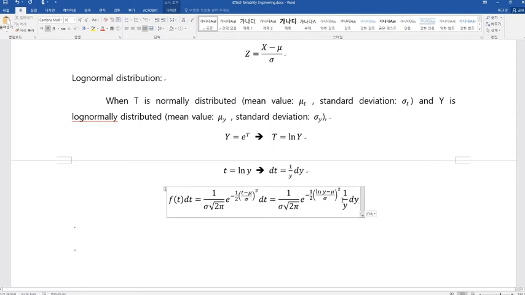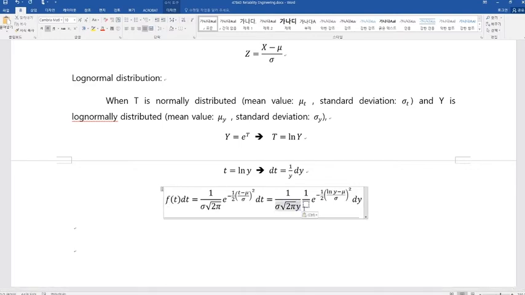And if we move this y to here, and then let me place y here.